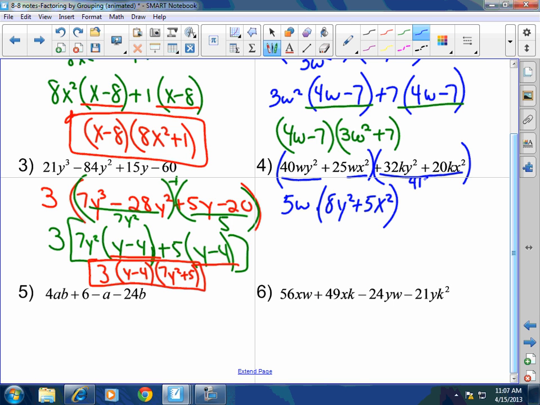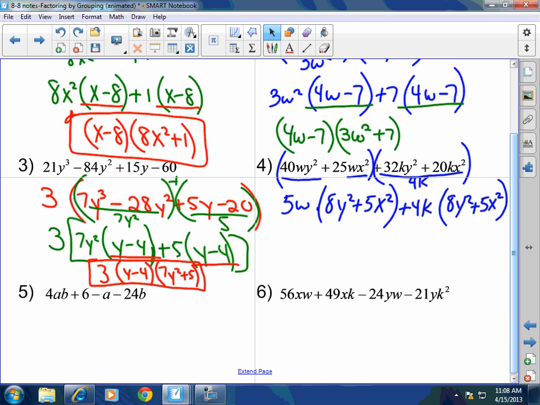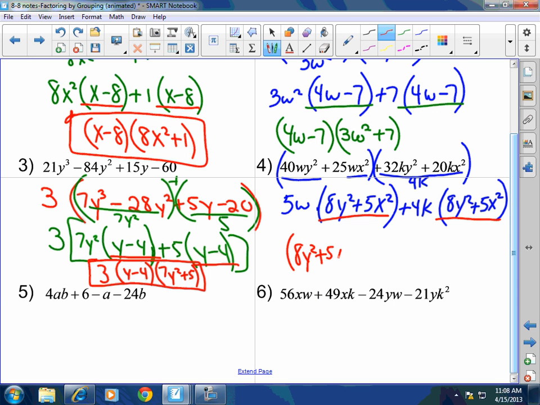A 4k, very good. So I've got plus a 4k that I factored out times 8y squared plus 5x squared. So once again, I have my 2 binomials that are identical. I factor those out. When I factor out the 8y squared plus 5x squared, I am left with the binomial formed by my leftovers of 5w plus 4k.